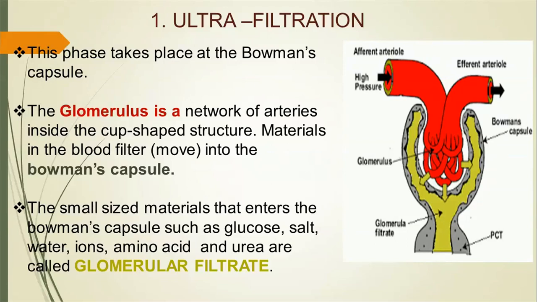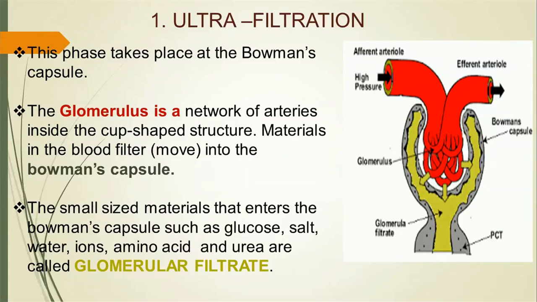So let's study the image of ultrafiltration here. The red structure represents the glomerulus. Inside the glomerulus, you have blood. Inside the blood, you have different materials, the useful ones, the big ones, the small ones, and the waste products, right? Materials from the glomerulus are able to filter out of the glomerulus into the Bowman capsule, and that process is called ultrafiltration.